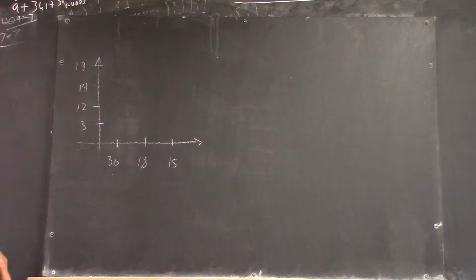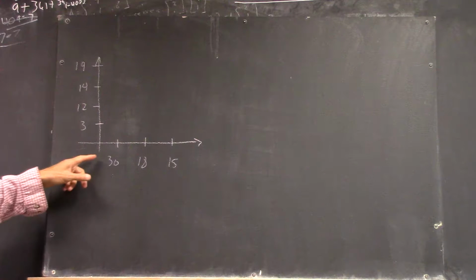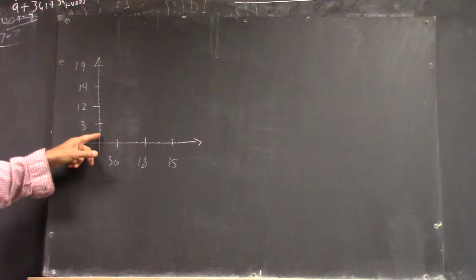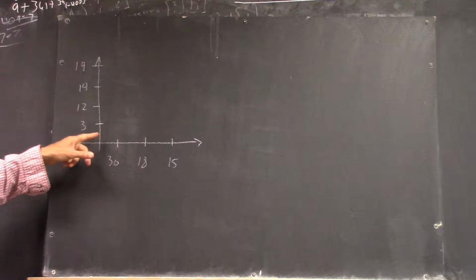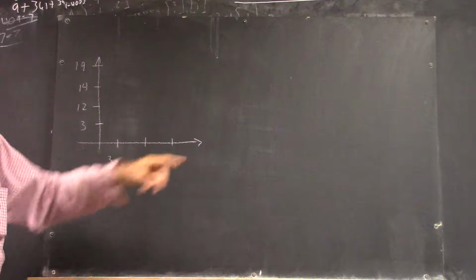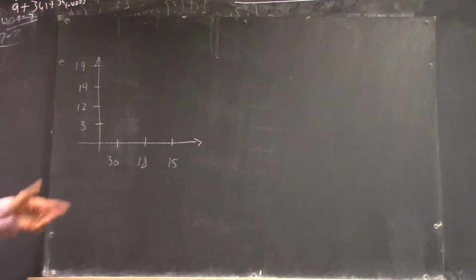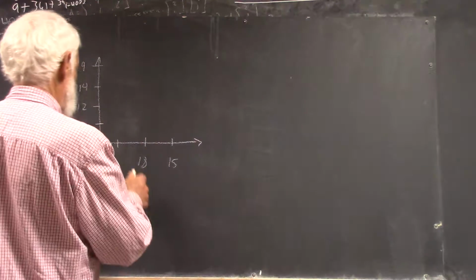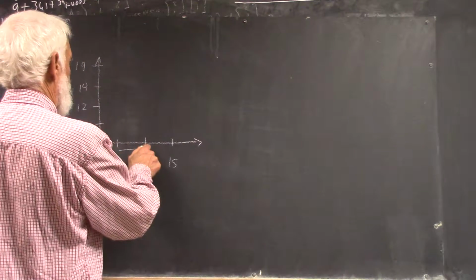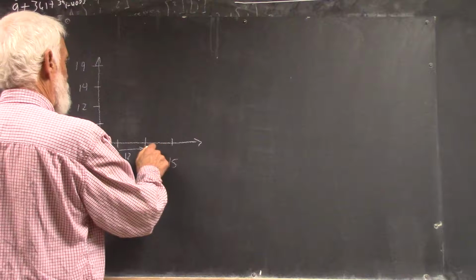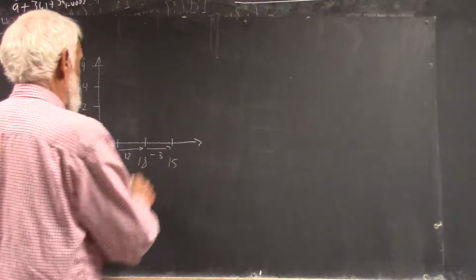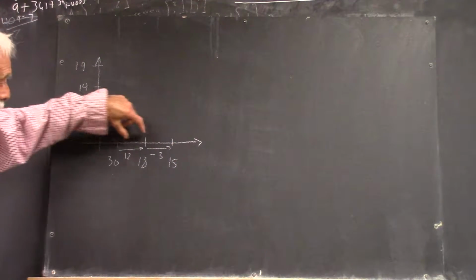Also, where's 0 on the x-axis? Here, right? Now what's wrong with 0, 30, 18, 15? Numbers going the wrong way, aren't they? Okay, so this distance would be -12, this distance would be -3. They look about equal.